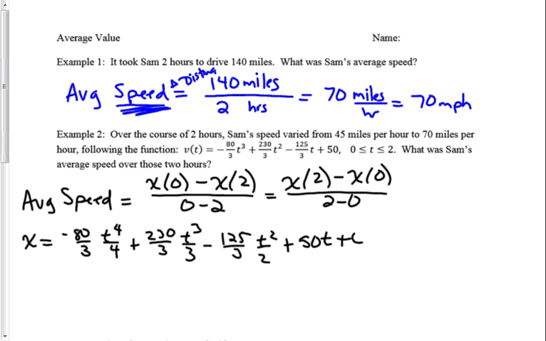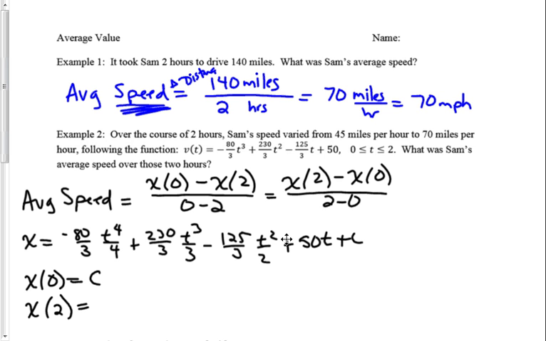plus some constant. So I can use my calculator. So go ahead and find your calculator, and let's plug in, first, 0 for t. If I plug in 0, I'm just going to get c. And if I plug in 2, I need to figure that out.